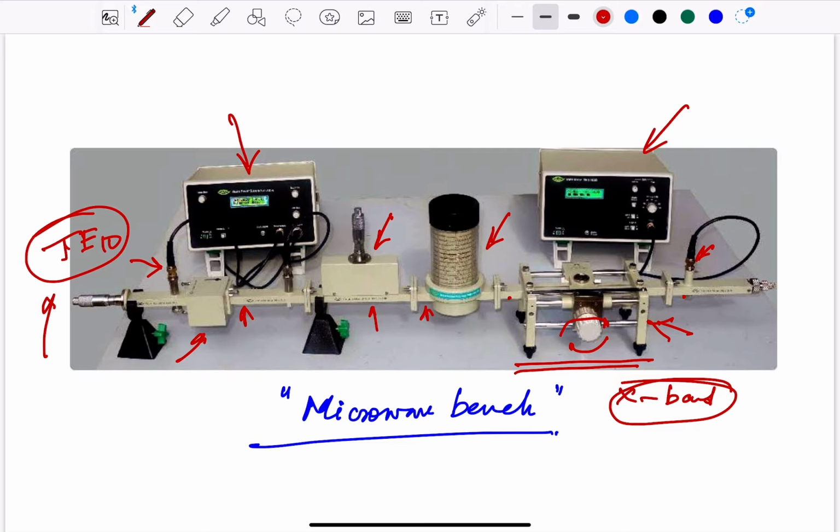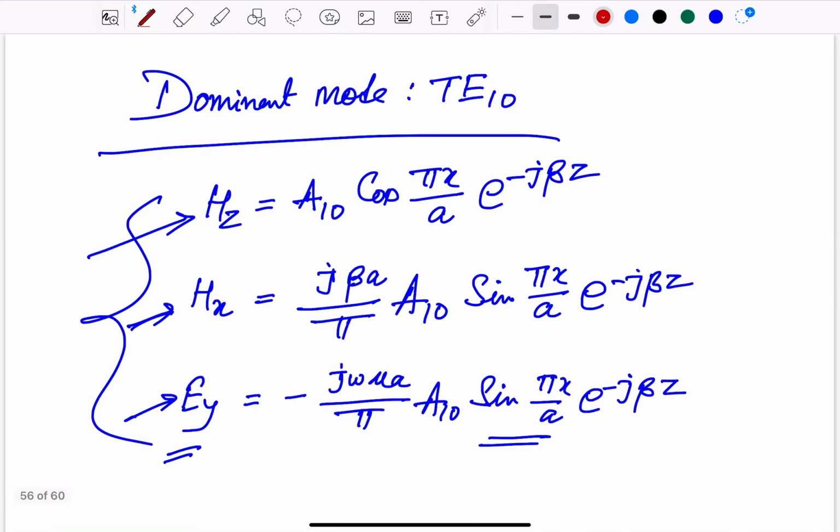The reason is that the field components are very easy to understand. Ey is a function of sine, Hx is a function of sine, and Hz is a function of cos. So we can plot these fields on the waveguide and find the distribution of the electric and magnetic fields, and we can also find the surface current.